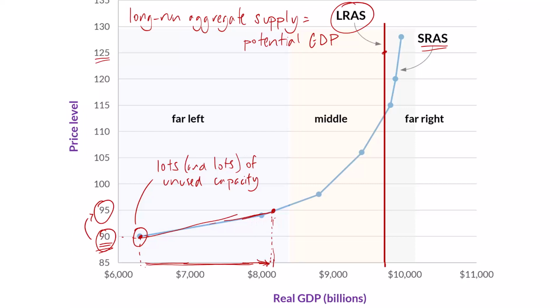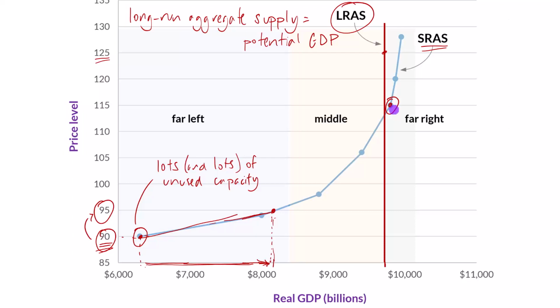All right, now next, let's think about if short-run aggregate supply is, say, right here. So here we are actually a little bit above potential GDP. We're not breaking the law, we're not destroying the environment, we're not using child labor, but a lot of workers, say, are going to be working overtime. Factories are adding extra shifts. Maybe there's some people who don't really have the skills or the ideal skill set for some particular job, but they're still being put to work, those kinds of things.